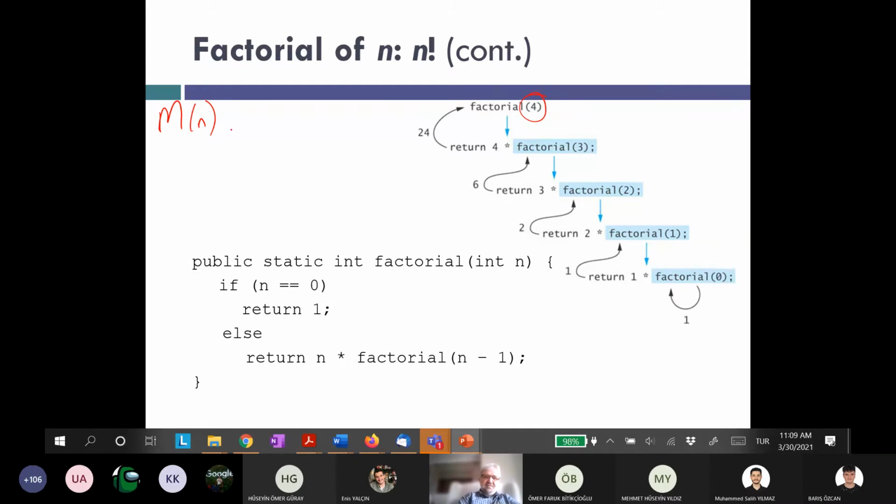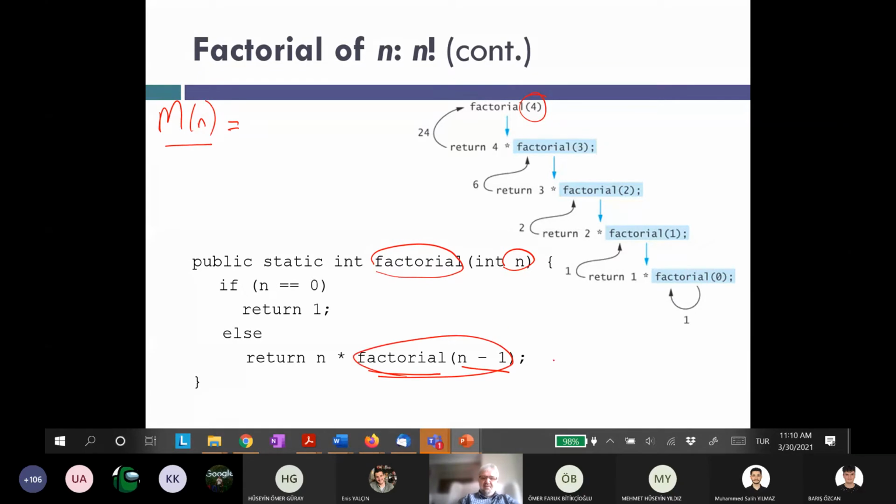And the number of multiplications is what? Again, we should form a recurrence relation. For this factorial of n, we have M(n) multiplications. What about this factorial method for n minus 1? How many multiplications are performed?